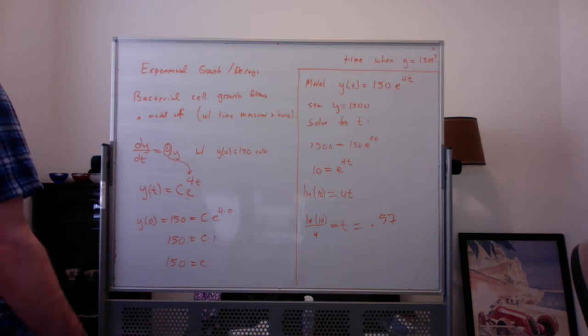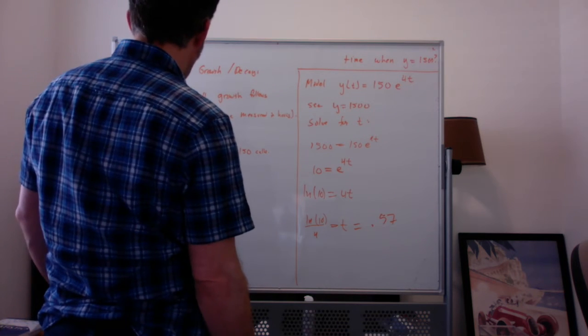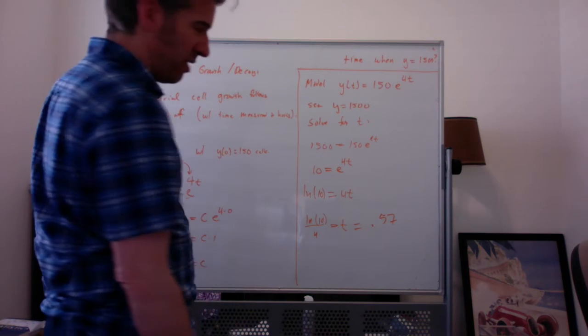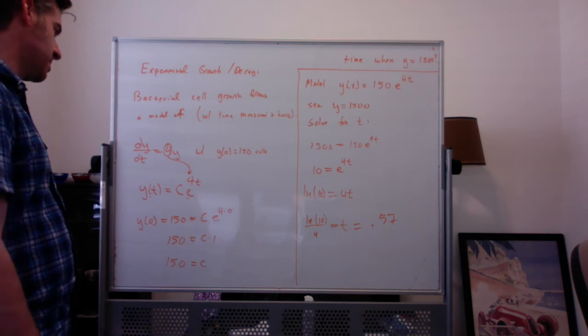Did I make a mistake? Oh no, I did not make a mistake. Okay, no, that seems perfectly right. So, yeah, it takes a little bit more than half an hour for it to multiply in size by 10.